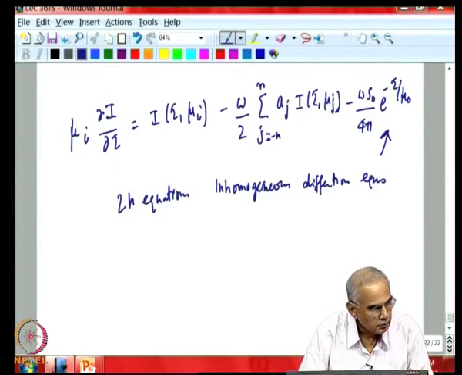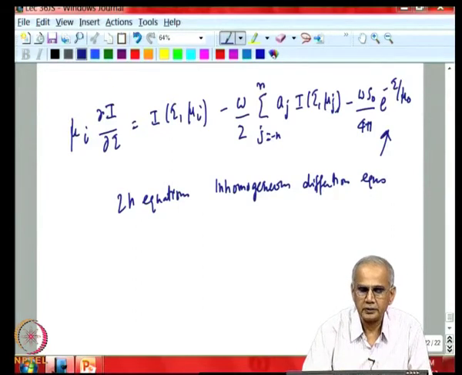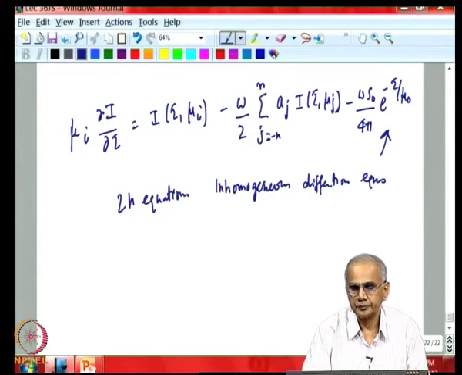So, there are well known techniques available to solve a set of simultaneous differential equations, linear, everything is linear here, and so many of you have learned how to solve such equations.